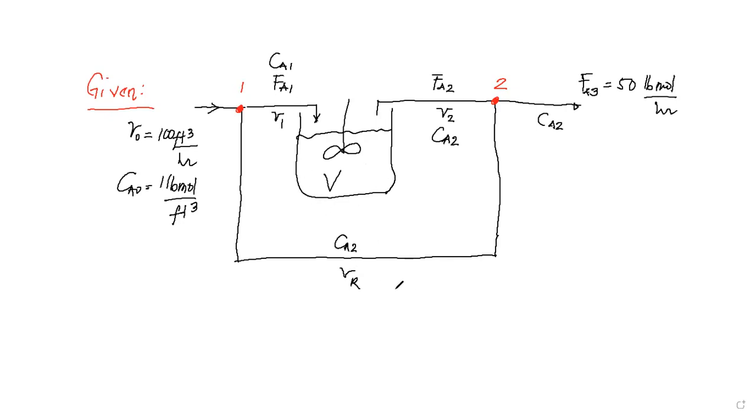So our reaction, write the reaction, is A being converted to B. And your rate is equal to 2 Ca, pound mole per cubic feet per hour. I already wrote the 100 cubic feet per hour here, and the initial concentration, and the 50 pound moles remaining unreacted. Okay, so far that's it.